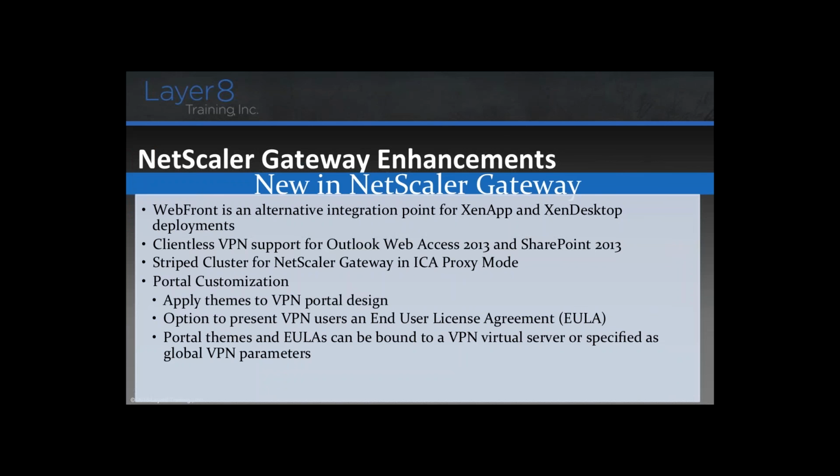So if all you're doing is ICA proxy, you now have the benefits of a cluster. We offer portal customization where we can apply themes. We have the option to present a VPN user with our end user license agreement. Portal themes and the license agreement can be bound to a VPN vServer, or I could bind it globally, and it would be presented to everybody.